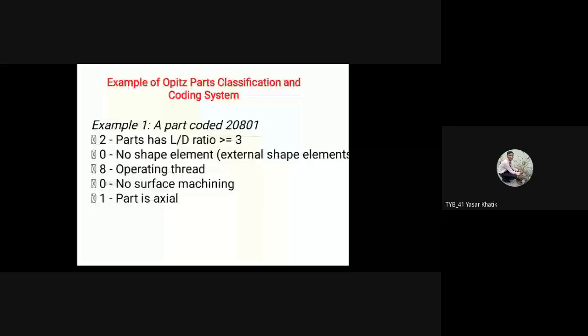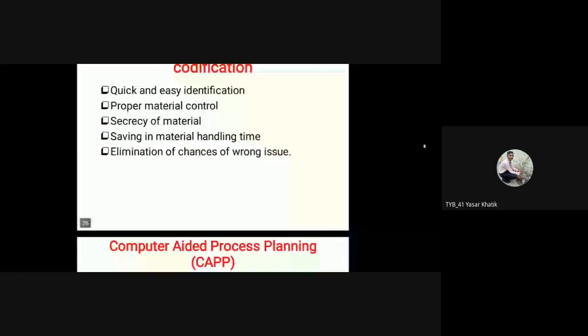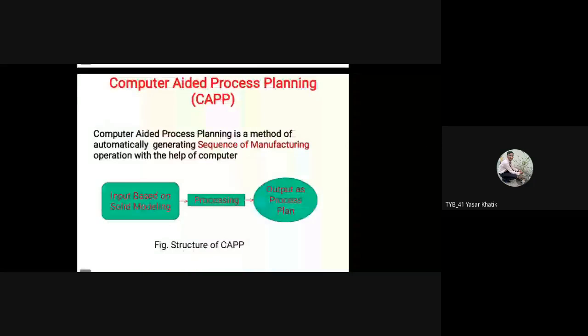Next we have seen the advantages also. Then we have seen an important term, CAPP, meaning computer aided process planning. CAPP is important in the manufacturing industry. It is a bridge between the CAD phase and the manufacturing phase.